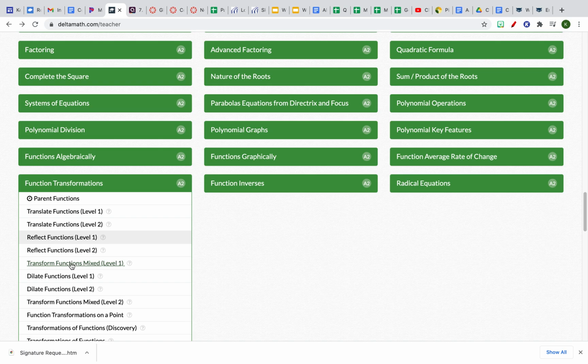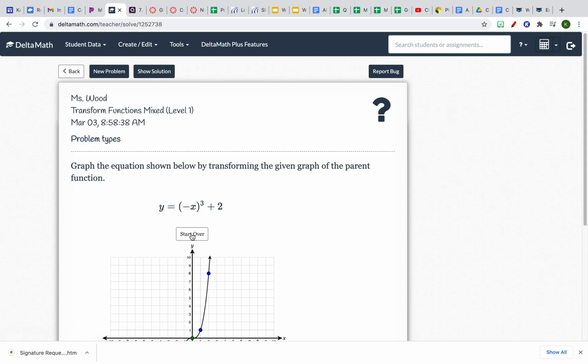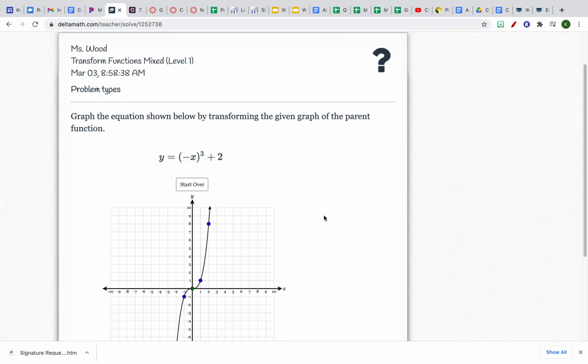Now, transforming mixed, this is going to give you a mix of it. So it's going to give you some that have some negatives and some pluses and minuses. So what I would do is to reflect it first. So always deal with your negatives first. So this one is with my x. That means I'm going to transform it over the y.